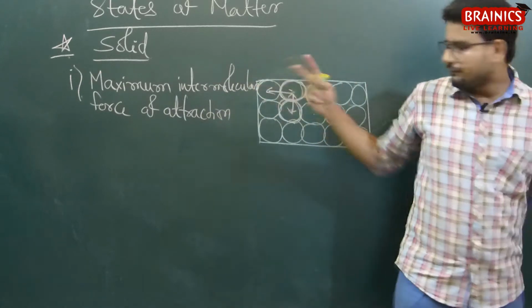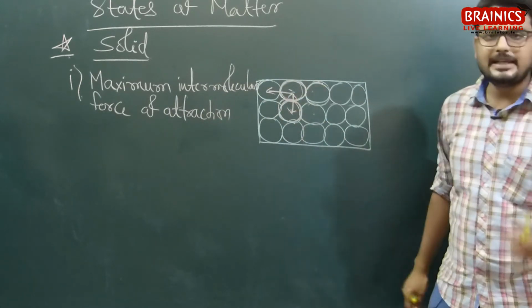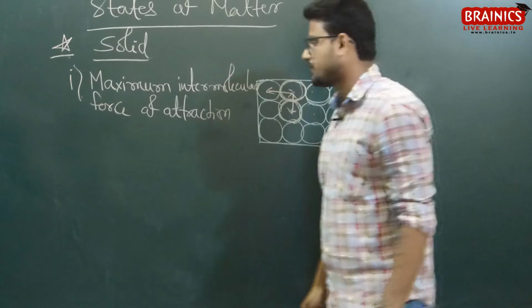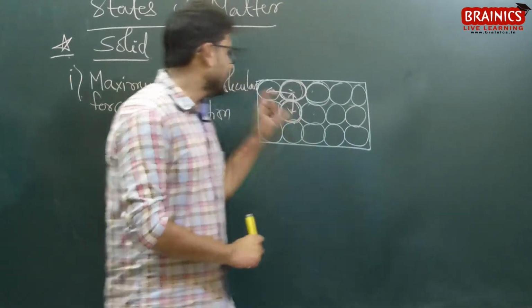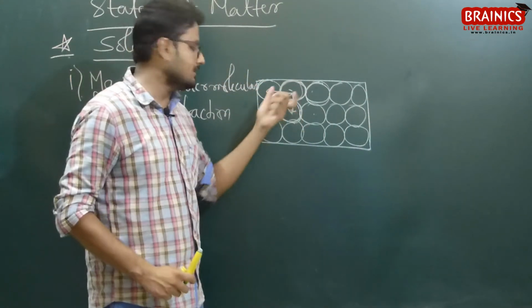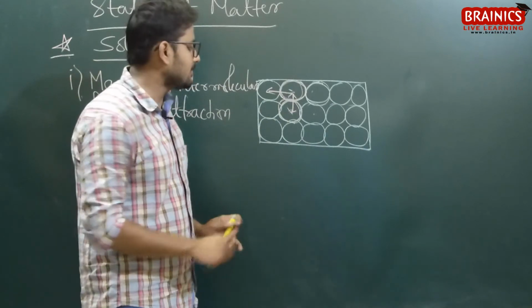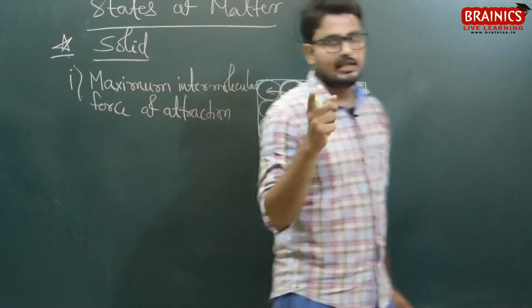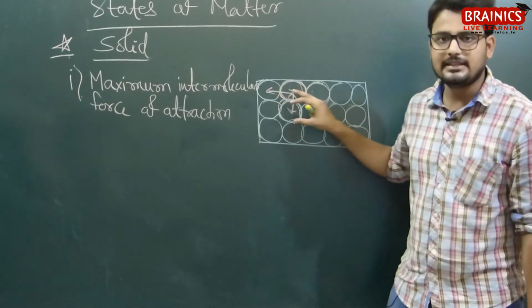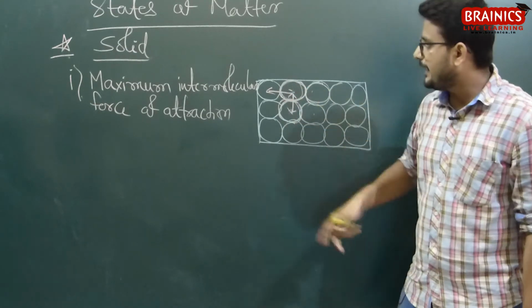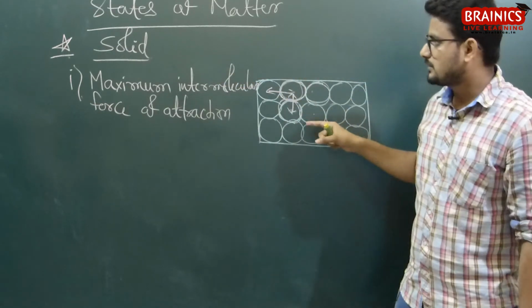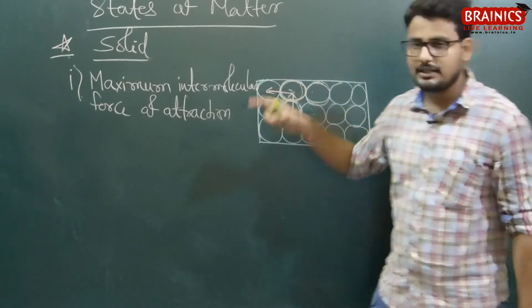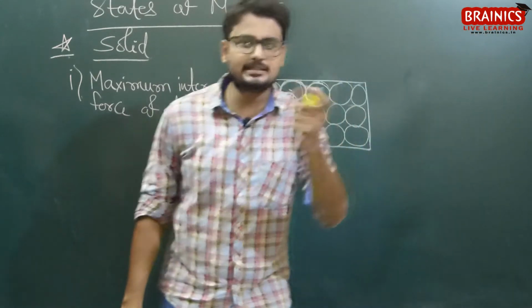So if these molecules are experiencing maximum intermolecular force of attraction, what do you think? The gaps or the space between these molecules must be least, isn't it? So the molecules in the solid are experiencing the least space.